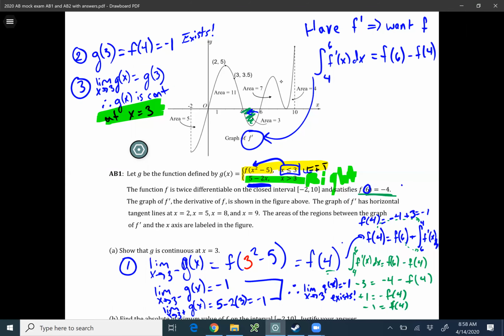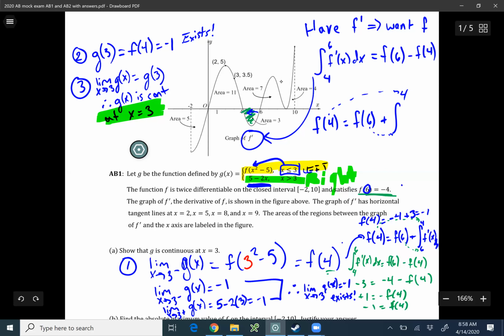Other people like to just start off with f of 4, and if you start off with f of 4, that's okay. What you do is you put your other point here, which is f of 6, plus the integral, and then whatever you want to solve for is going to go on top, and whatever you have with it goes on bottom. It's the same formula, it's just written a little bit differently.